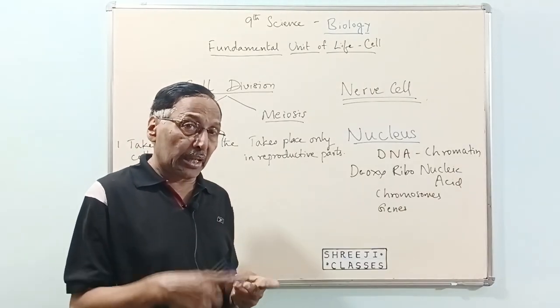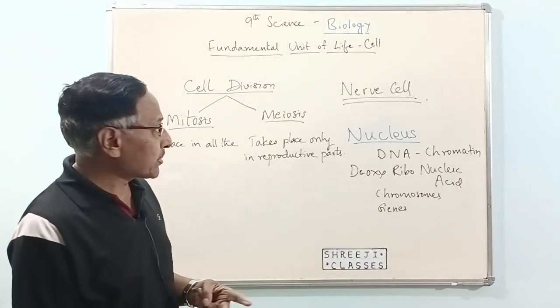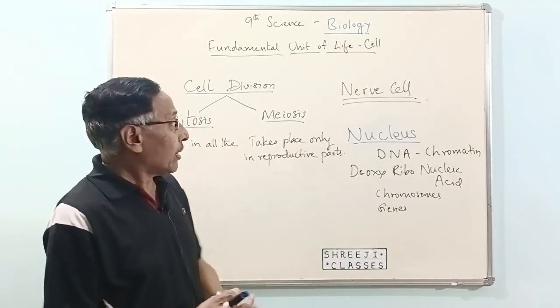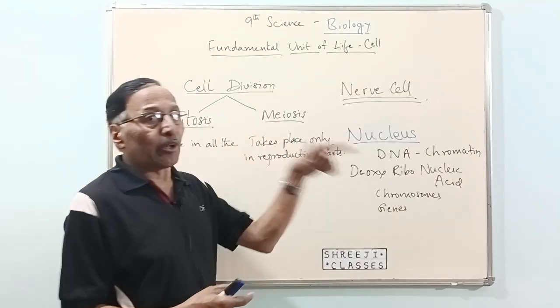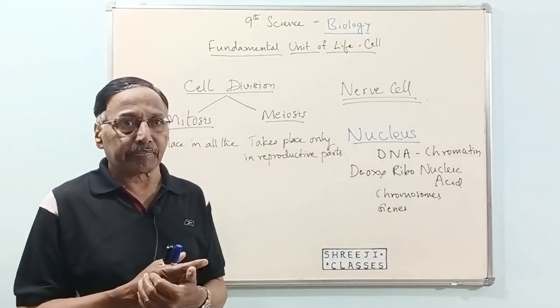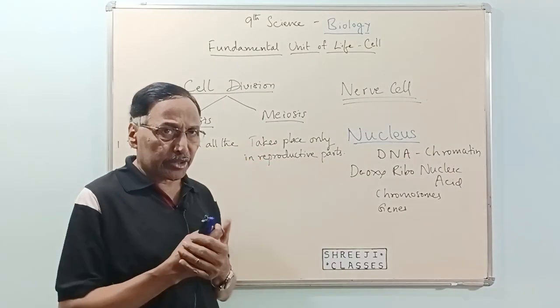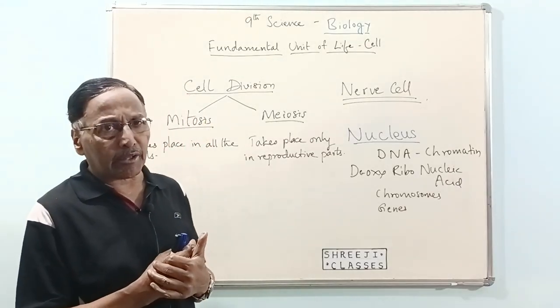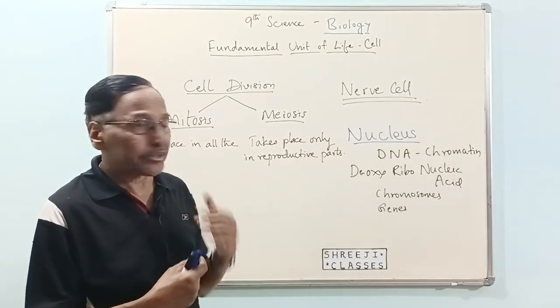So the male sex organ produces male gametes, female sex organ produces female gametes. So by meiosis, the sex organs produce gametes. Through meiosis, the male organism produces male gametes, the female organism produces female gametes.